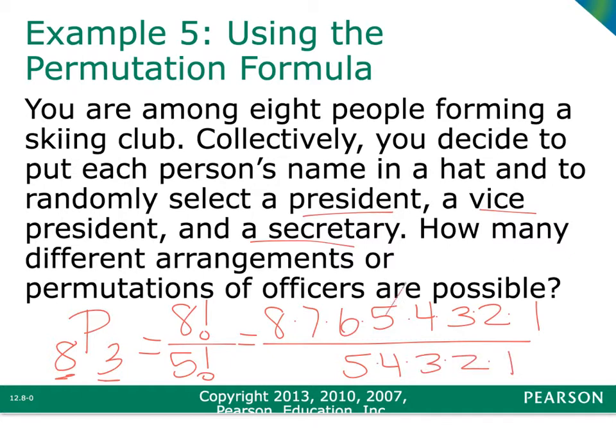So if you're doing it by hand, you could just cancel those and then multiply 8 times 7 times 6, which would give you a result of 336. Or if you're using technology, you would type in 8 and then hit Math, over to probability, option 2 for permutation, type in 3 and hit enter.